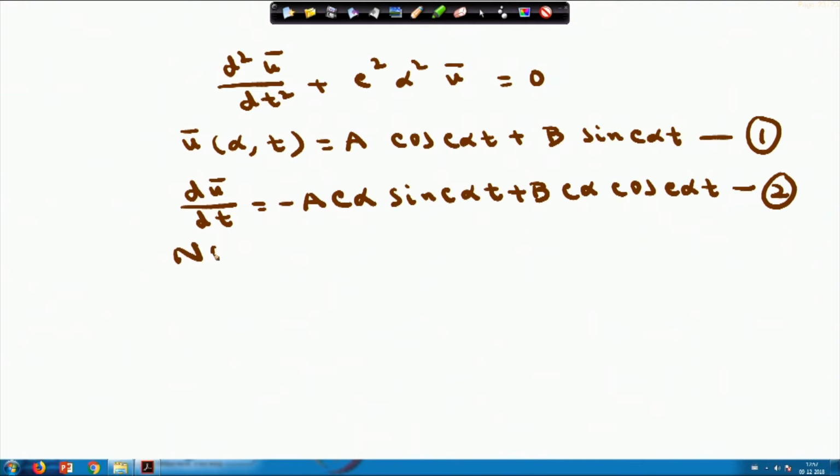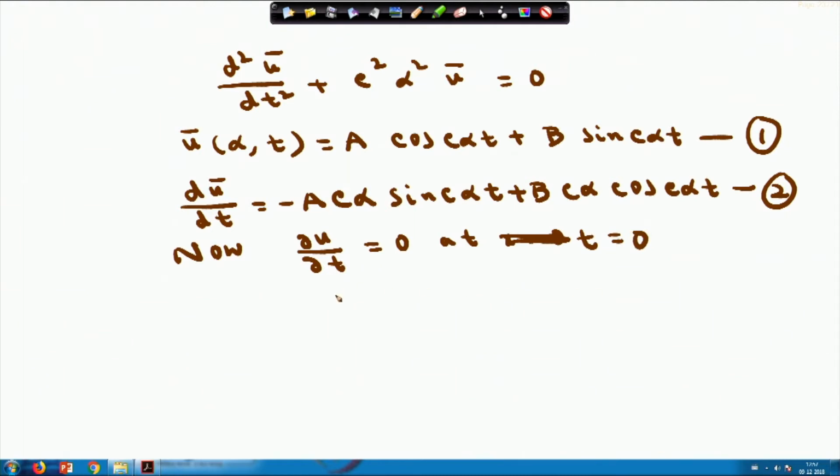Now, we know that ∂u/∂t equals 0 at, sorry, it has been given at t equals 0.